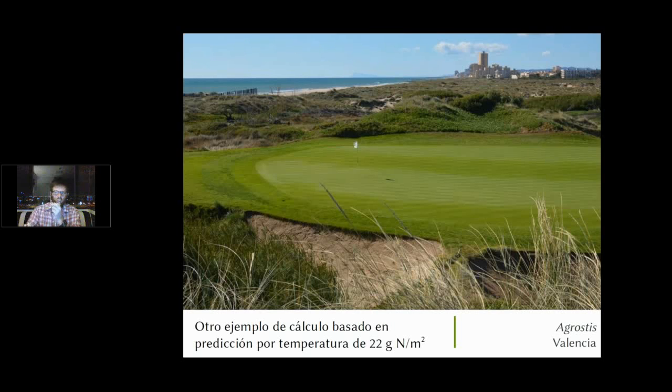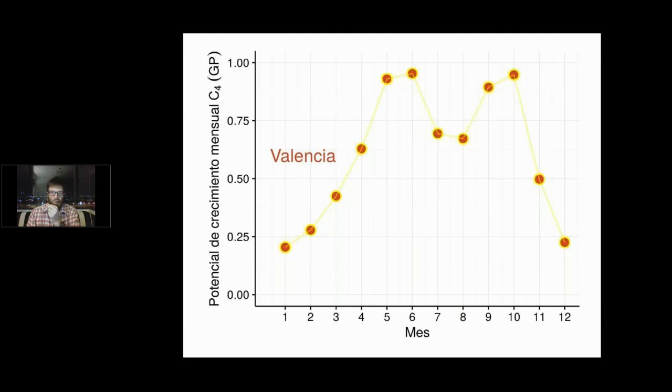We can also go to Valencia. I calculate in Valencia for cool season grass, for agrostis, we get an estimate of 22 grams of nitrogen, because there's 8 months in the year at Valencia that have a growth potential of 0.5 or above.